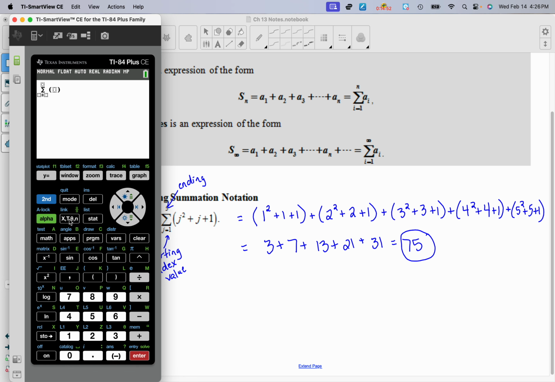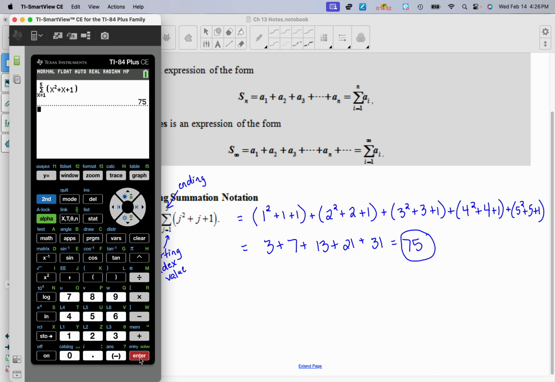We can use an x, and I'm going to go from 1 to 5, and type in x squared plus x plus 1. Really that was just a variable. And there we have the answer, 75.